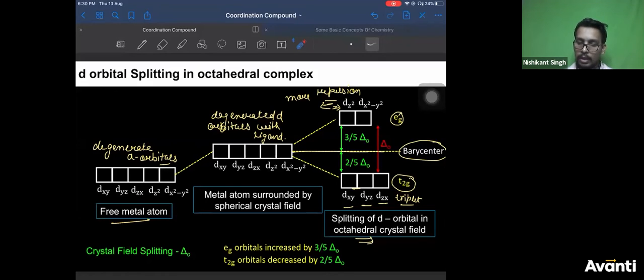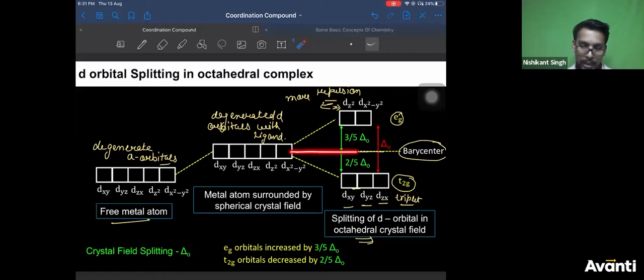Now what is the energy between T2g and Eg? The energy between these two is delta O, where delta is the difference and O stands for octahedral. Now, this is the beauty.